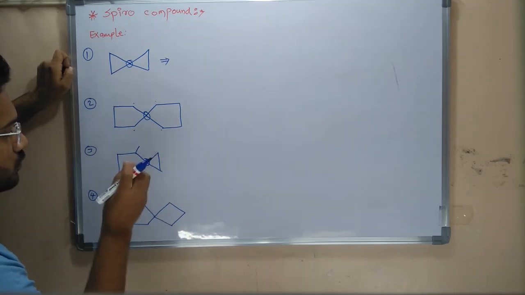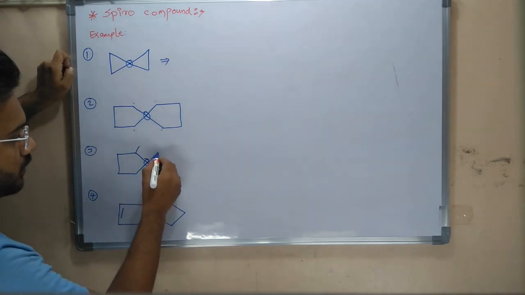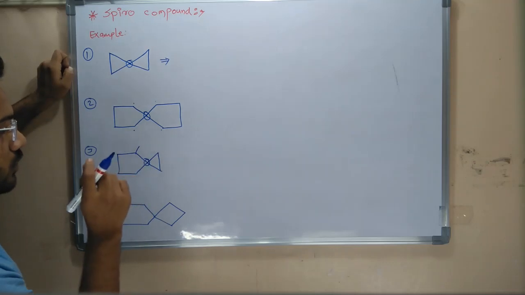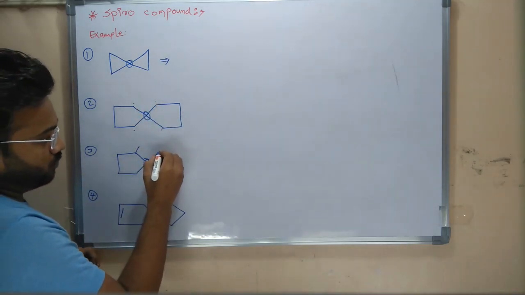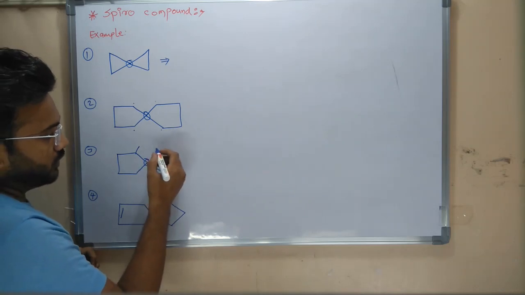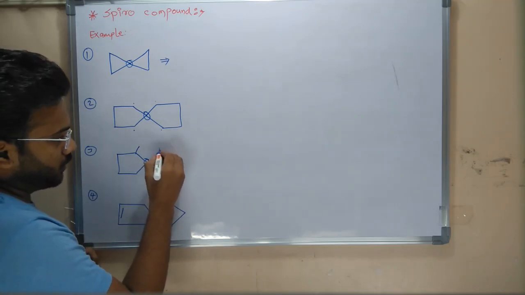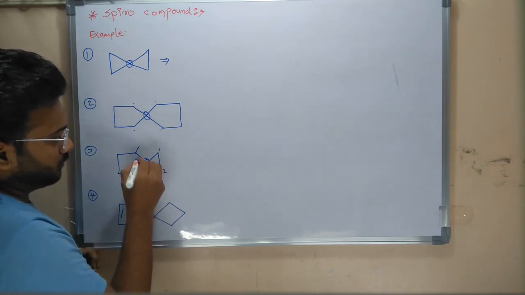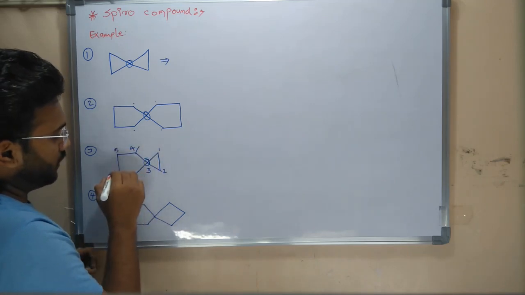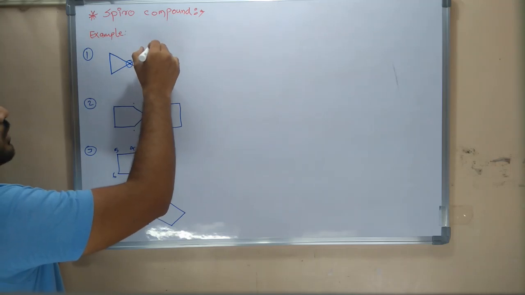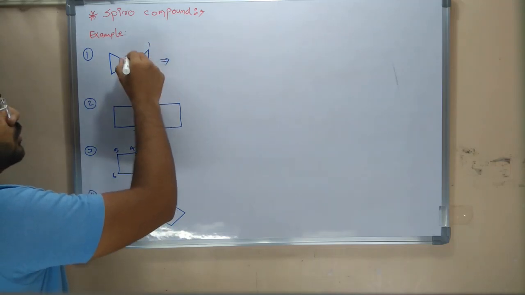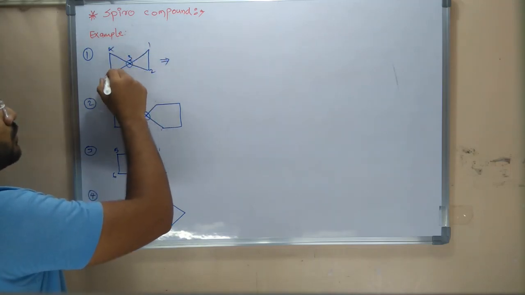The numbering should start next to the spiro carbon atom, in the smaller ring. That's why we write the numbering from this carbon atom: 1, 2, 3, 4, 5, 6 and 7.